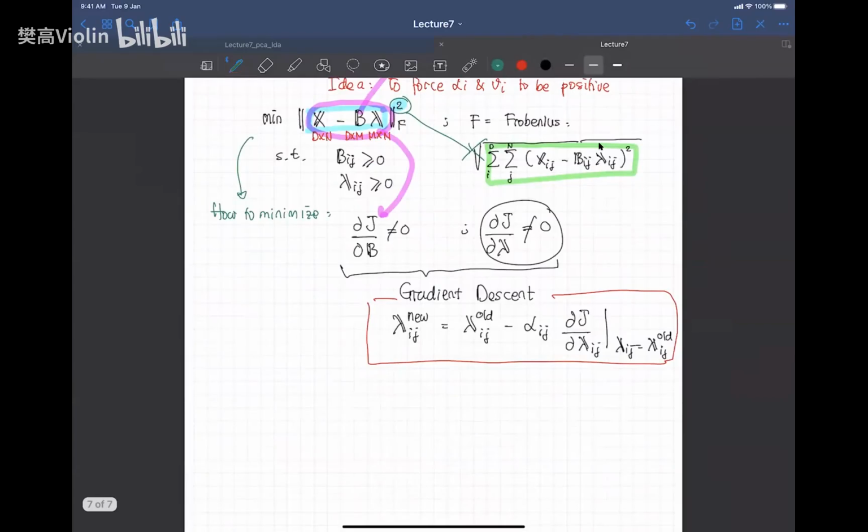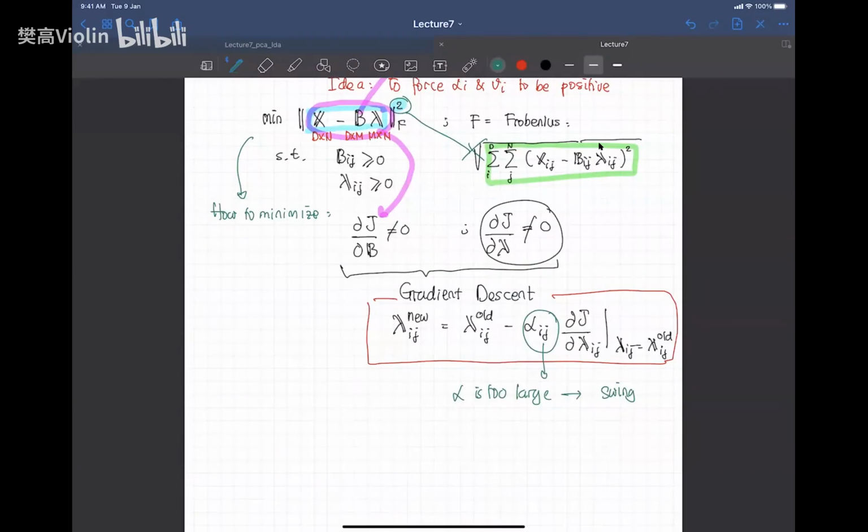But gradient descent has a problem. It can swing. If alpha is too large, then the optimization can swing, which means that you cannot converge.